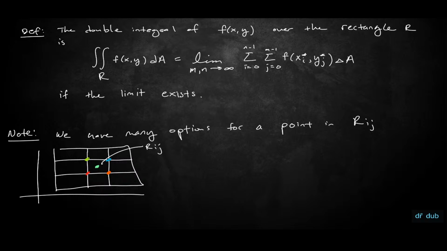So this red point is the lower left corner. This orange point is the lower right corner. The upper left corner, that green color, upper left corner.